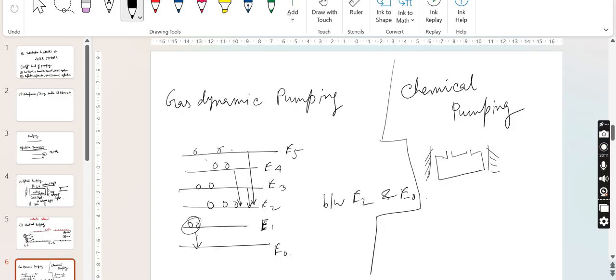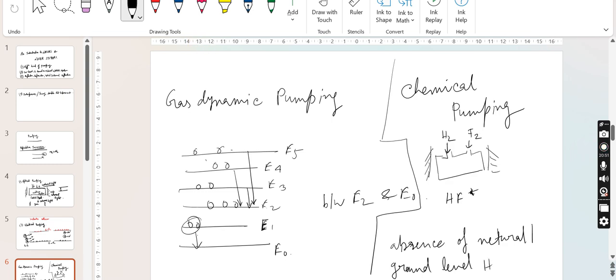So it is already creating population inversion. For hydrogen fluoride, hydrogen and fluorine react, so we get hydrogen fluoride in an excited level, but there is an absence of neutral or ground level hydrogen fluoride.